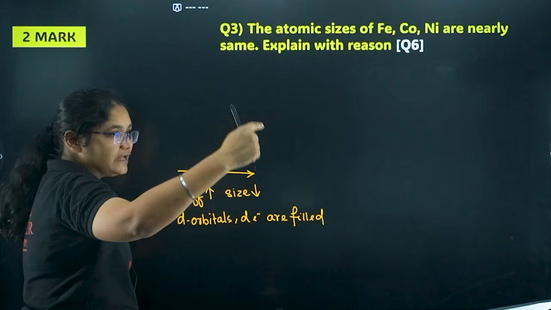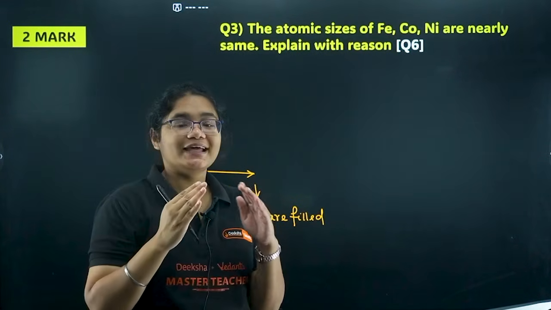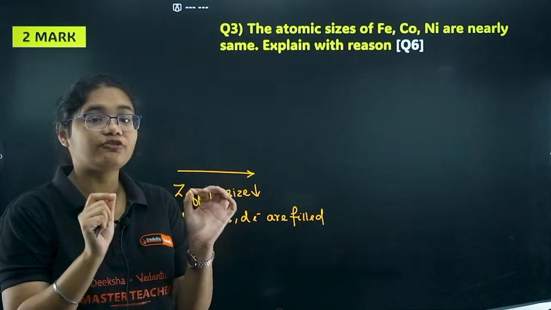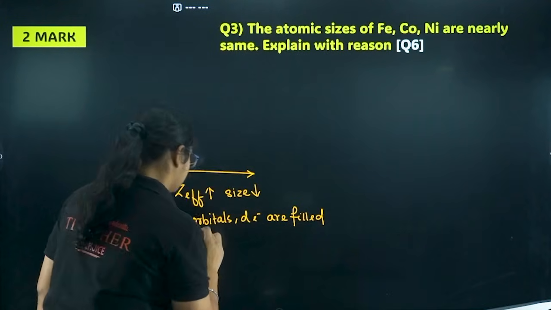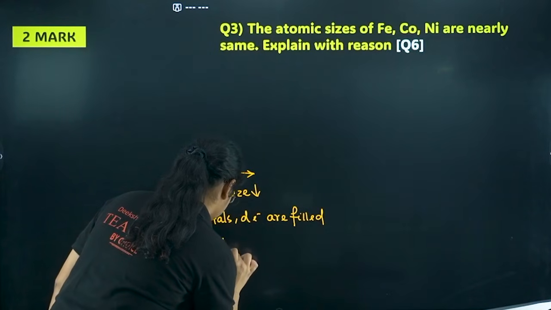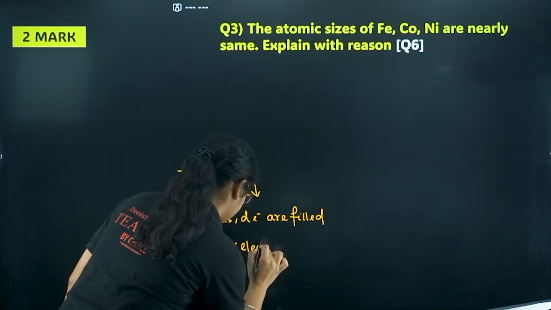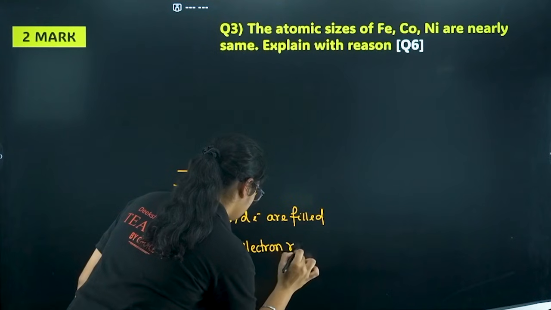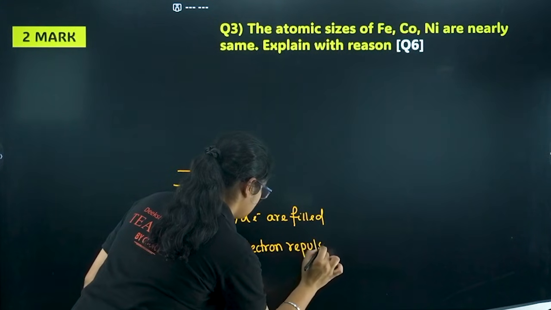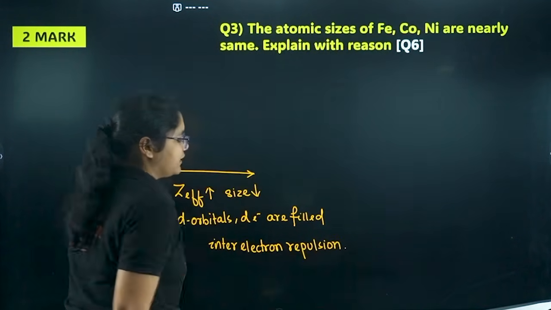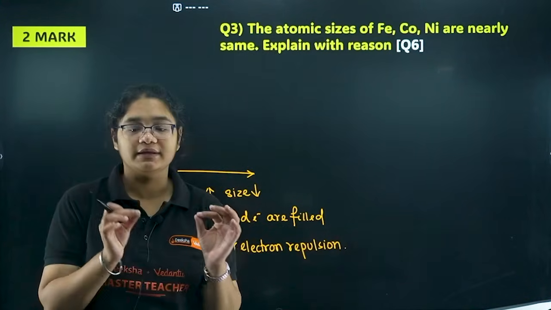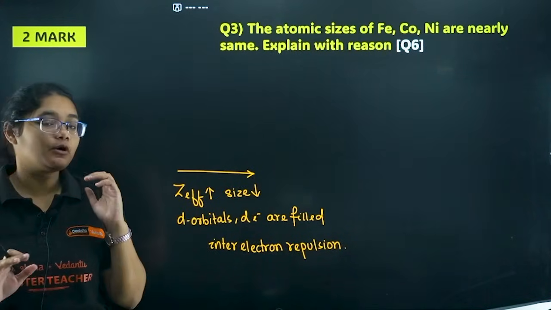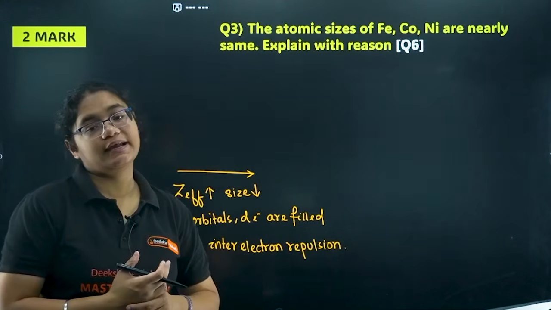Now when the d electrons are filled, there are electronic repulsions. So I can say there is inter-electron repulsion between the d electrons. Now what will happen if there is repulsion between the electrons?